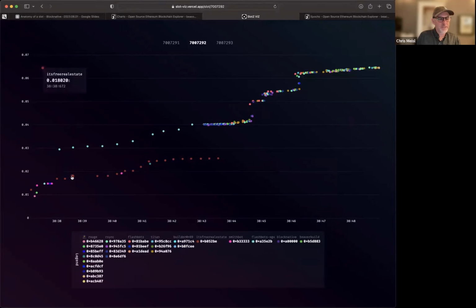So this is "it's free real estate", this builder, and you can see what it was doing. And here's another builder, this is the Flashbots SGX builder doing its thing. But then when things really start to kick in, there's the Titan builder, another Flashbots builder, here's a Blocknative builder, and the rsync builder.